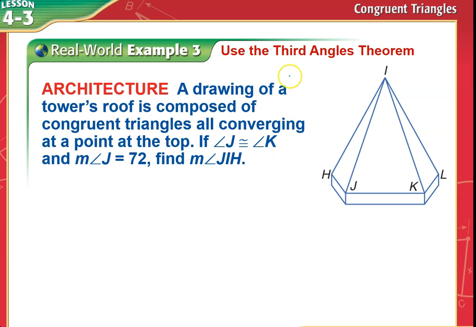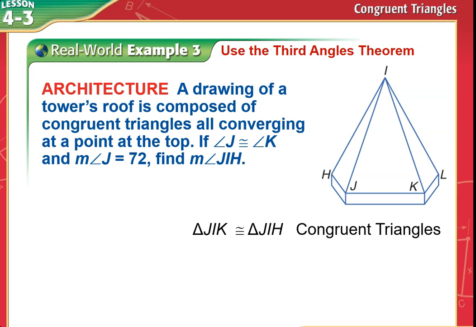Okay, well, JIH would be the same as JIK. But we know J and K have the same measure because they're congruent. So I think the sum of J and K would be 144. Let's see what happens.